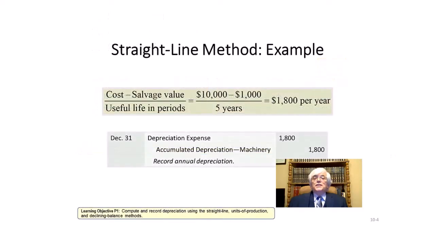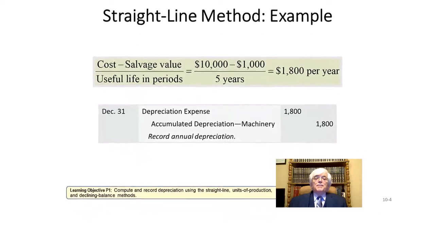Straight-line depreciation is illustrated in Exhibit 10.6. Annual depreciation expense is computed as cost minus salvage value divided by the useful life in years. Therefore, for this equipment, straight-line depreciation expense is 10,000 minus 1,000 divided by 5 years. 9,000 divided by 5 is $1,800 per year.